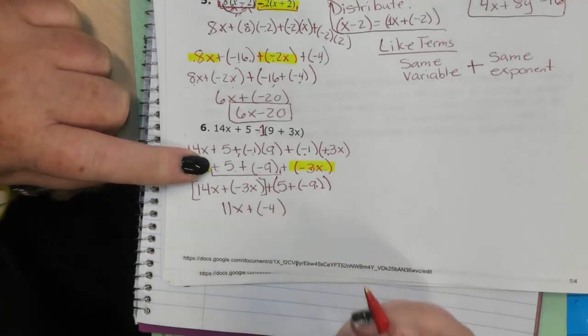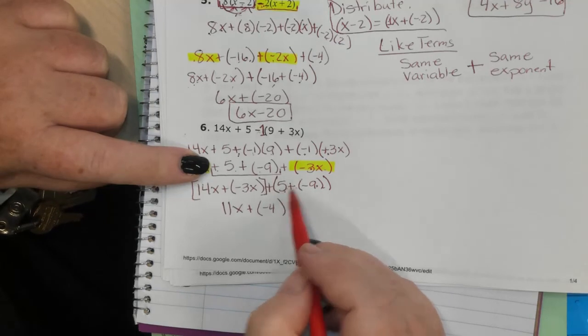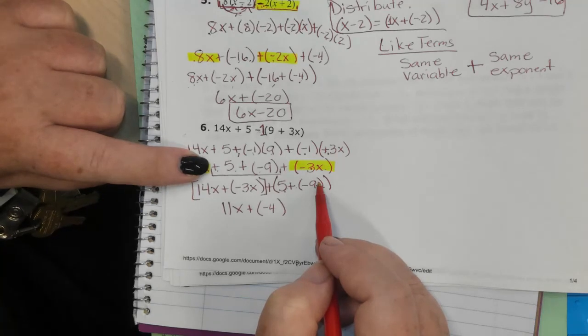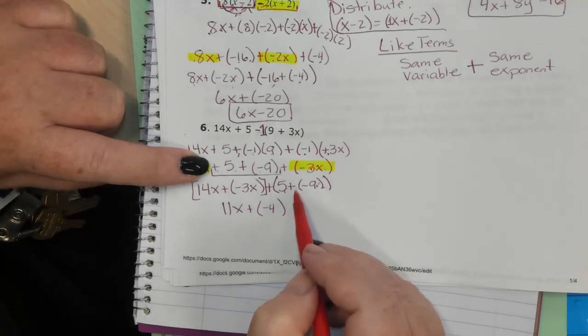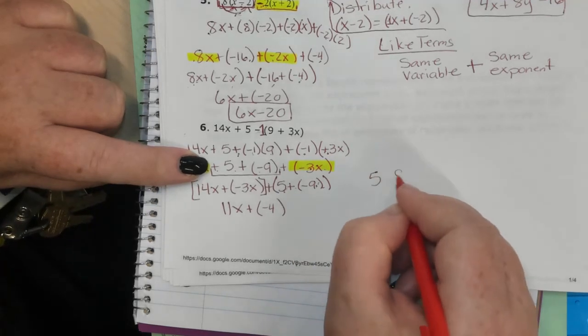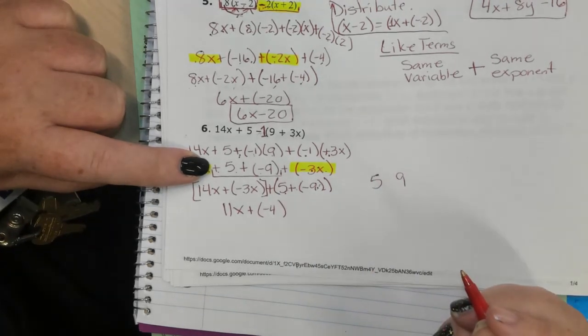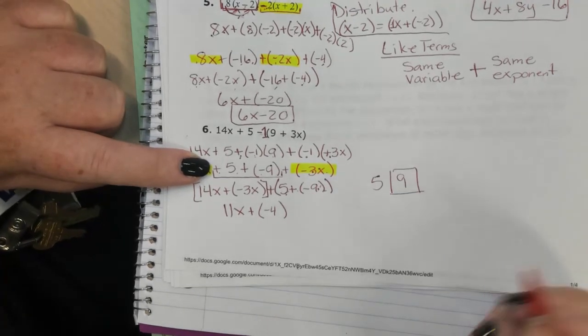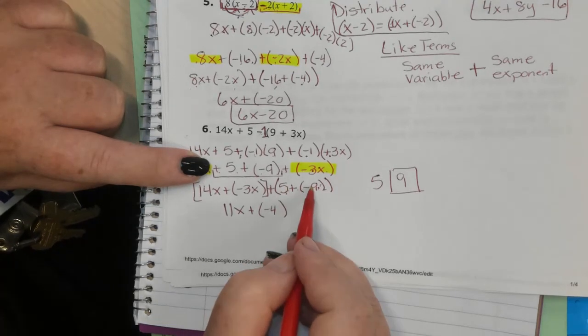is negative 4. When you add a positive and a negative, it could be either positive or negative. How do you decide what sign it's going to be? Well, you guys could have stuck it in a calculator, but the old school rule is look at 5, look at 9. When you look at 5 and 9, which number is larger? The 9 is larger. Now go back. What is the sign on your 9?